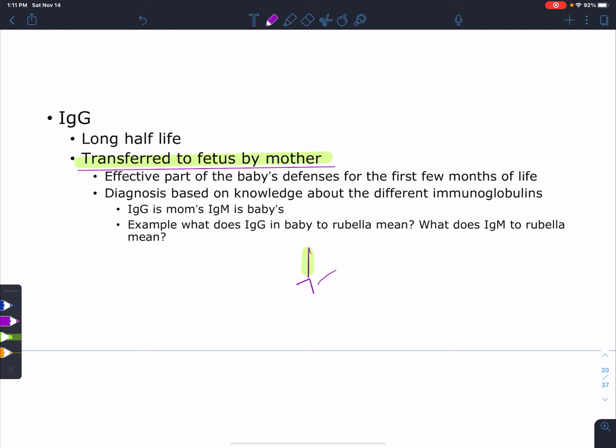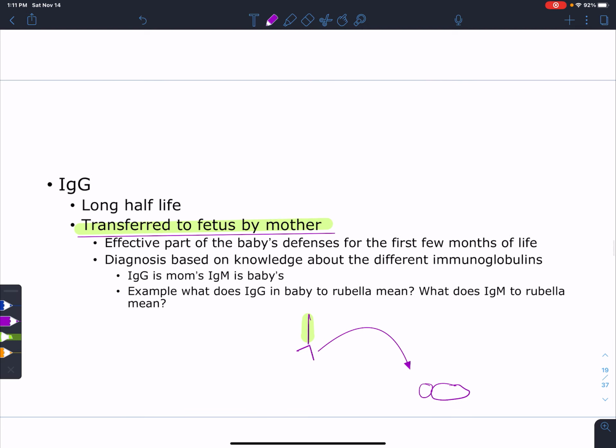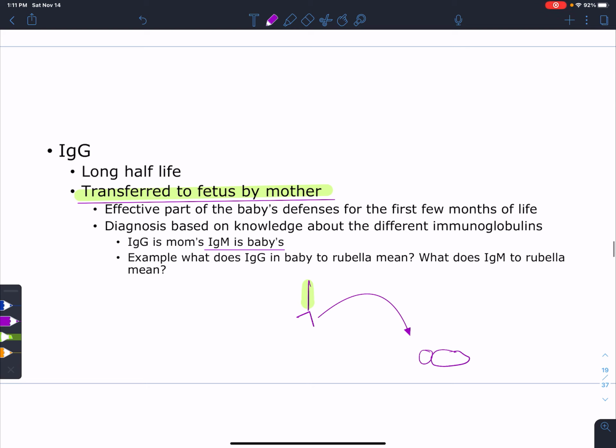And so when that goes across the placenta, and it is directed against the baby, that's where we get hemolytic disease of the fetus and newborn. And here's this fun question. So, IgG is mom's. And we haven't talked about IgM yet. We'll talk about that in a little bit. But if we find IgG in a baby to rubella, it's from the mom.